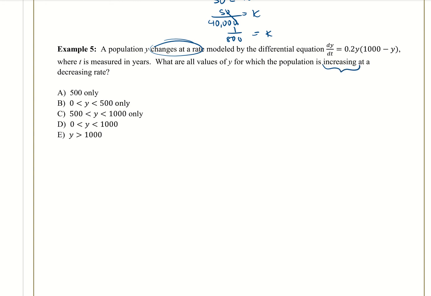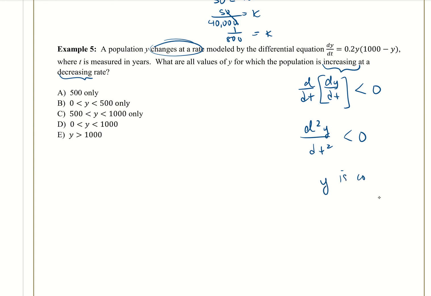Increasing is derivative language, and so is decreasing. This is increasing at a decreasing rate, so we're taking a derivative again, and we want it to be, in the end, decreasing. In other words, this is telling us that the second derivative here is less than 0. So we want where Y is concave down. Where Y is concave down.